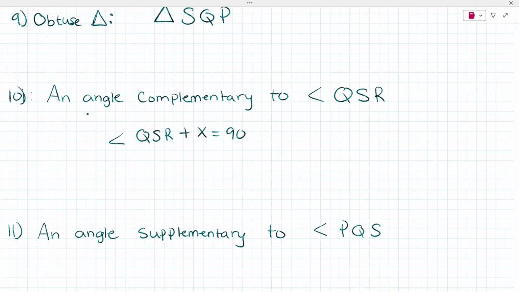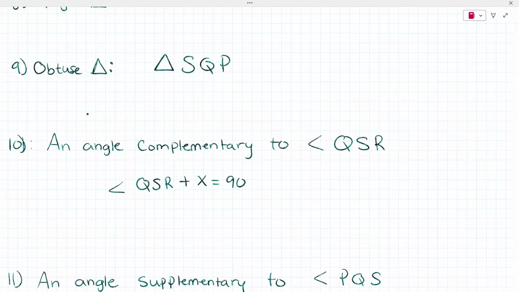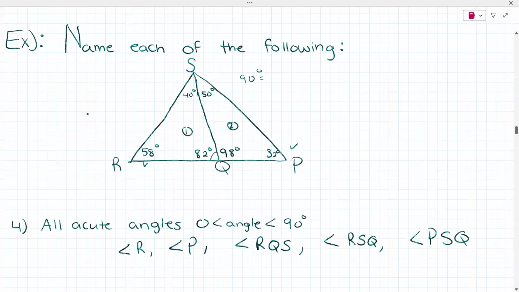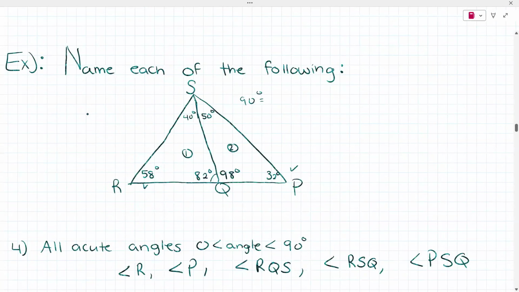And if I subtract QSR, so here, that's triangle one, QSR, that would be QSP. Oh, it would be QSP, right? So if you add up these two angles, they give you 90, right? And that would be an angle. So you can't just say angle S, it would be angle QSP.